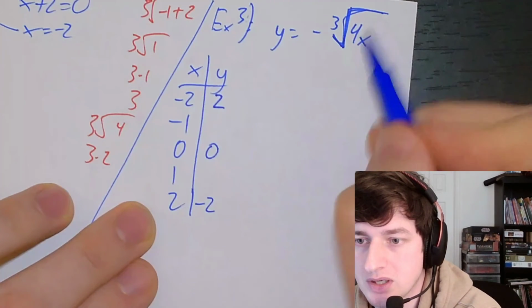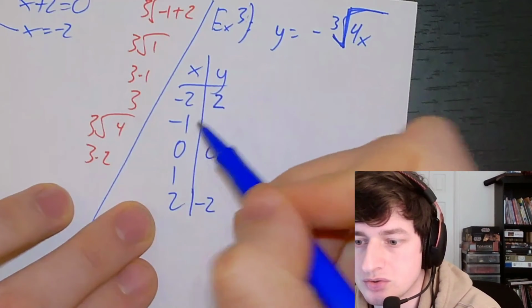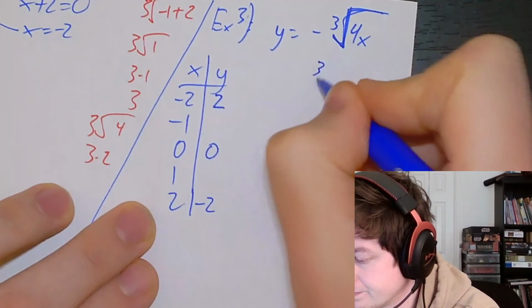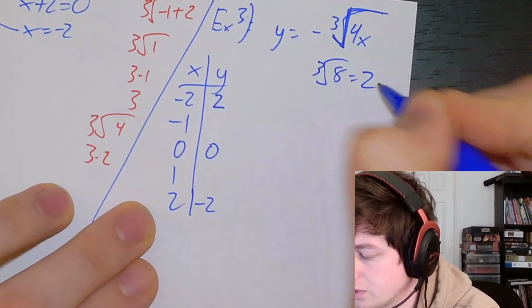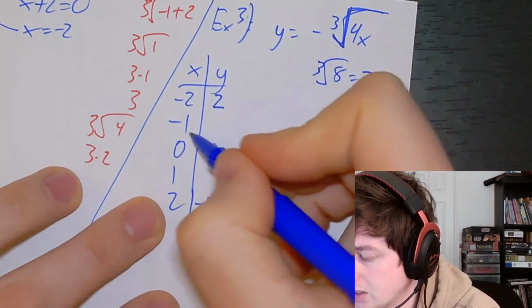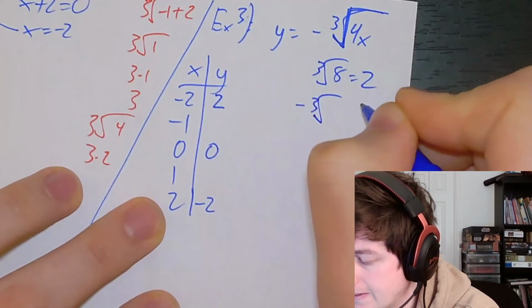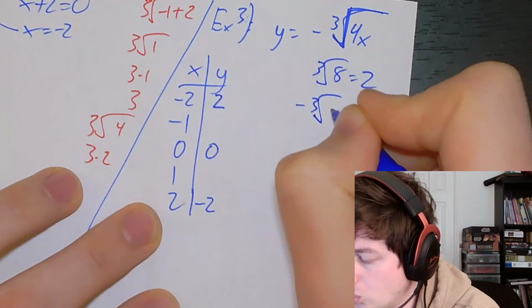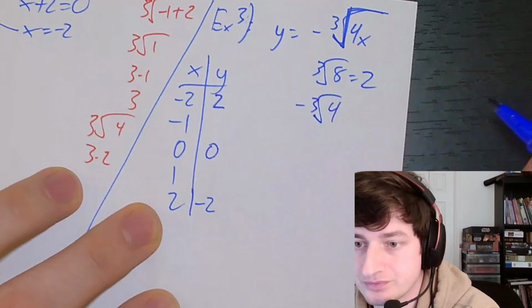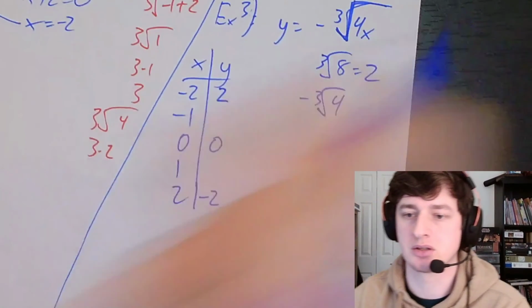Because you get -8 in here, and so you get negative, and the cube root of 8 is 2. That's where these are from. But if you put in -1, you're going to get the negative cube root of 4. Right? And so this we need to use a calculator for.